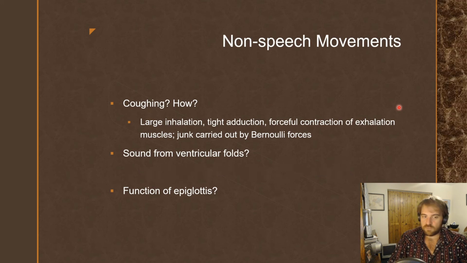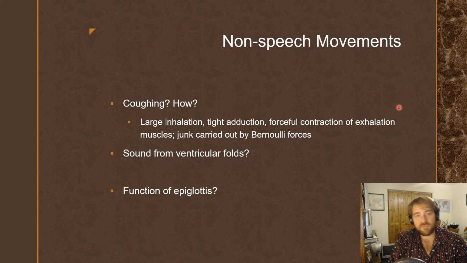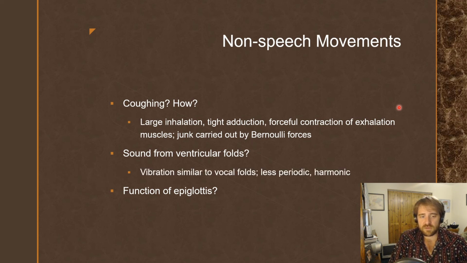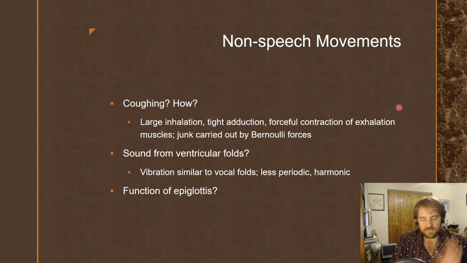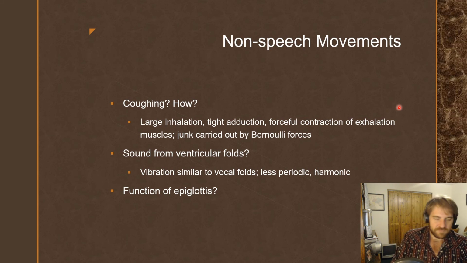Okay, how do we... Whoop, I gave it away again. Dang it. How do we get sound from the ventricular folds? The false vocal folds. It's pretty much similar to the actual vocal folds. Kind of like that. I'm not going to keep doing that.